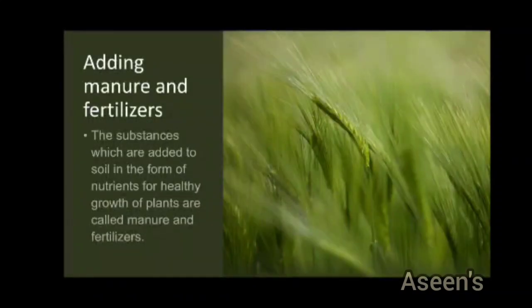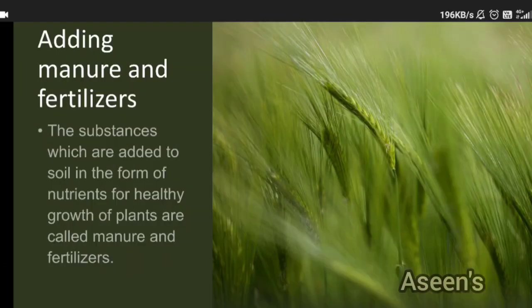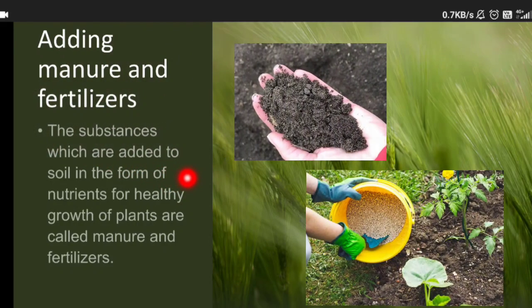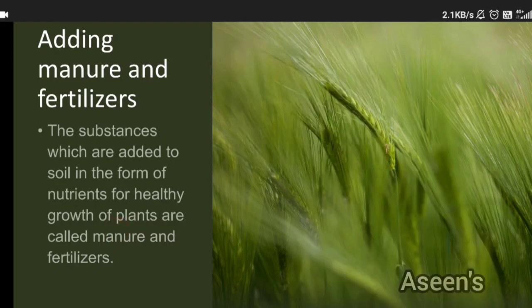Let's start with adding manure and fertilizer. Before talking about adding them, let's understand what manure and fertilizer are. The definition goes something like this: the substances which are added to the soil in the form of nutrients for healthy growth of plants are called manure and fertilizer.